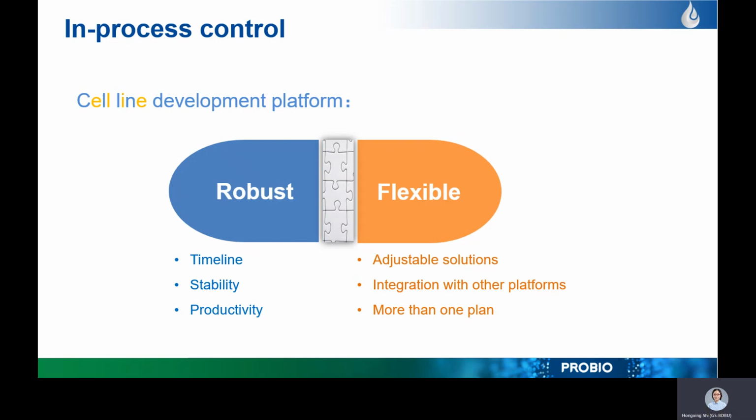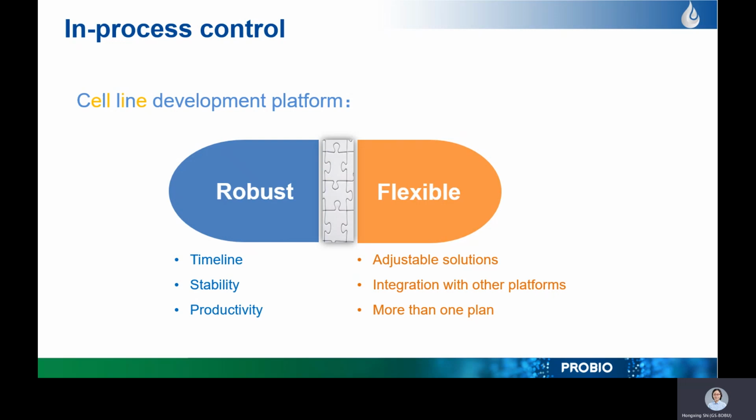Robustness can be used to describe the timeline, the stability, and the productivity of the selected cell lines. For flexibility, for example, in the face of different molecular structures, additional design needs to be carried out on the basis of platform solutions, and special attention should be paid to some risk points. These concerns can be reflected in the plan.